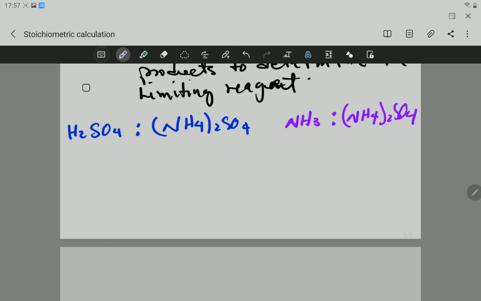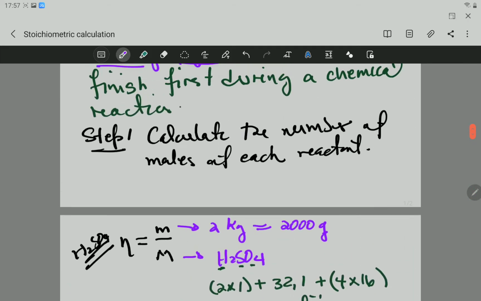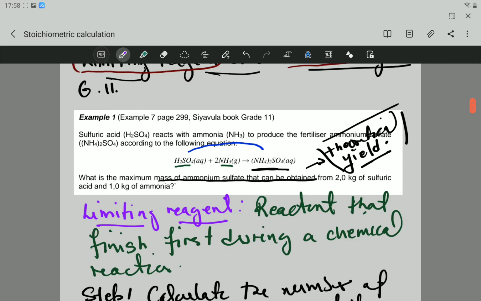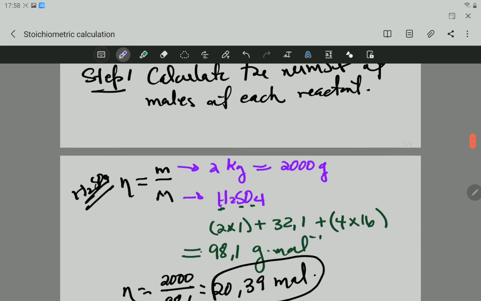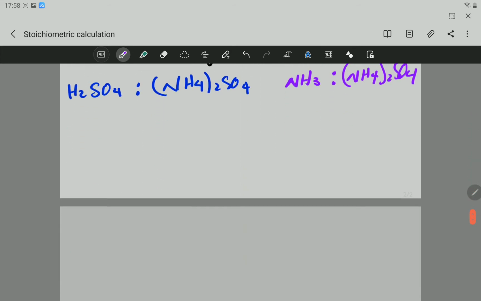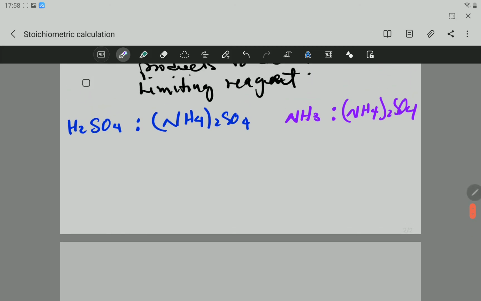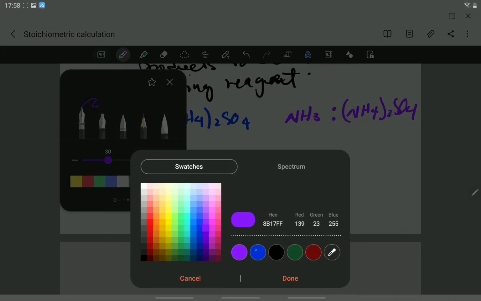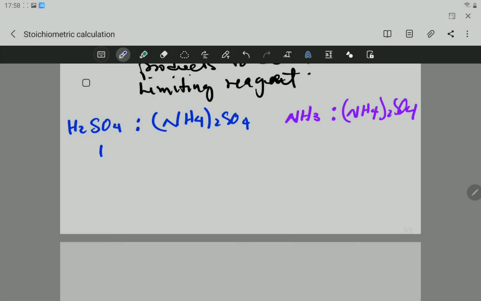Now if you go back here, the ratio of sulfuric acid to ammonium sulfate is 1:1. Remember, the ratios are given by the numbers at the front. So this is 1, this is 2, this is 1. Those are the ratios. So the ratio is 1:1. What does it mean?